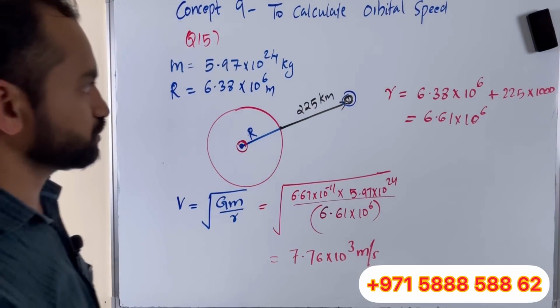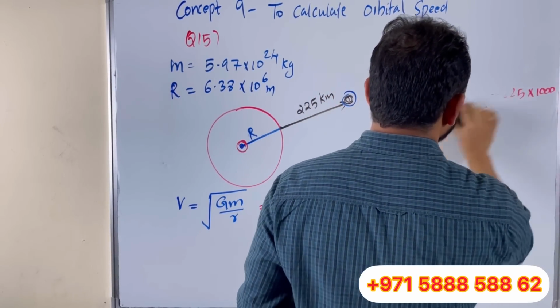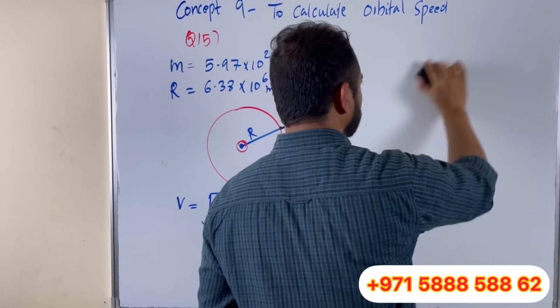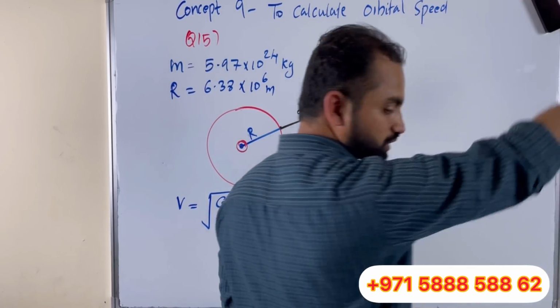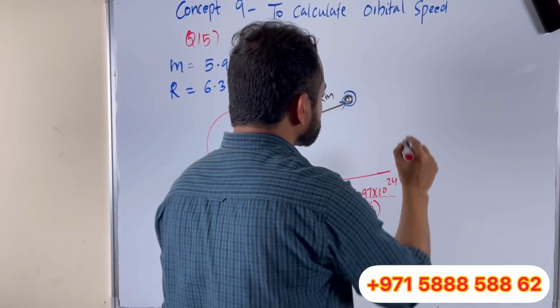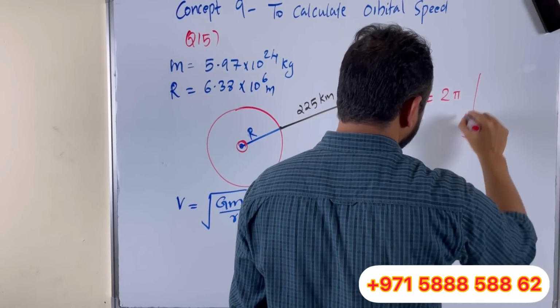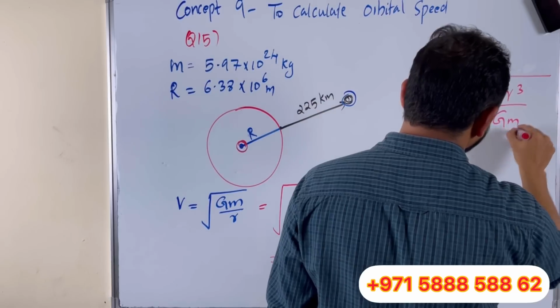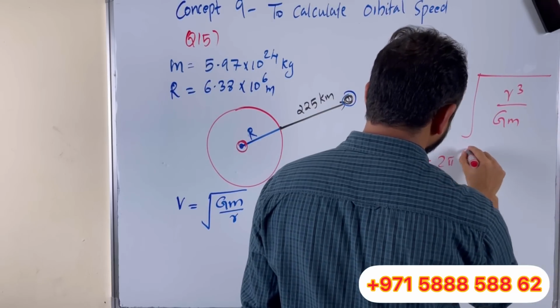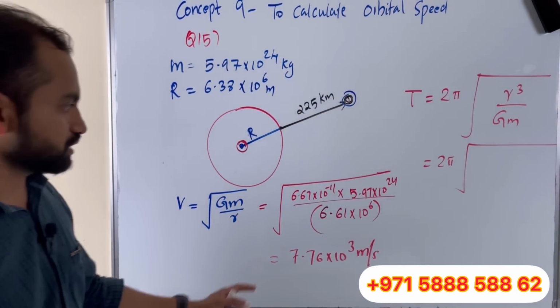Now we need to calculate the orbital time period. What is the equation to calculate the orbital time period? You don't have to worry about the equation, right? The equation also will be given in the exam. So the orbital time period T is equal to 2 pi times square root of r cubed over GM, which equals 2 pi times square root of r cubed. r we calculated, right?